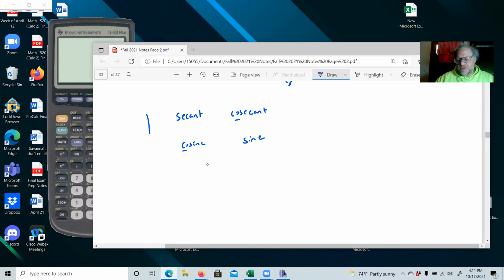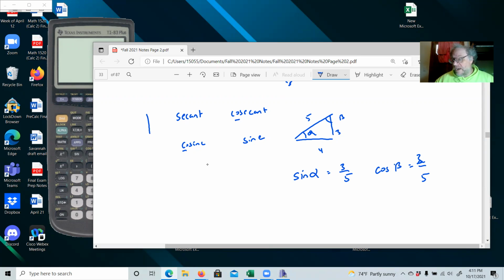If we have an angle alpha and an angle beta in a 3, 4, 5 triangle, and I look at the sine of alpha, that's the opposite over the hypotenuse. What if I look at the cosine of beta? That's the adjacent over the hypotenuse. So beta is 90 minus alpha.